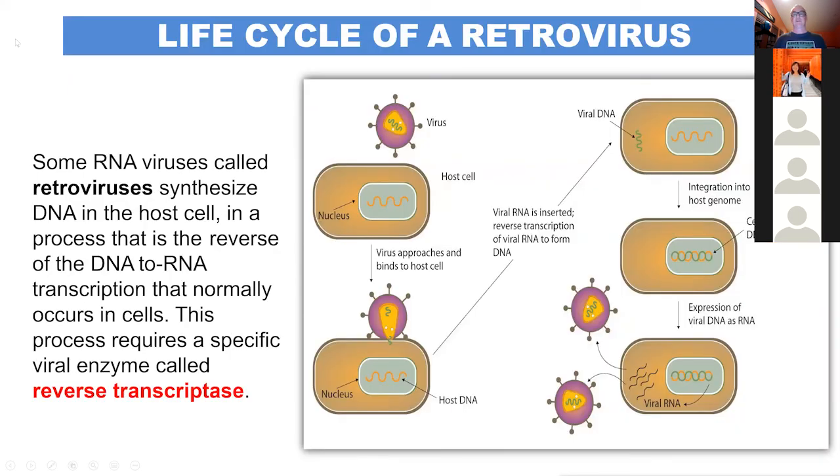So this is your typical life cycle. You've got your virus, and it's got its protein on the outside and its genetic material on the inside. Now it recognizes something on the host cell.